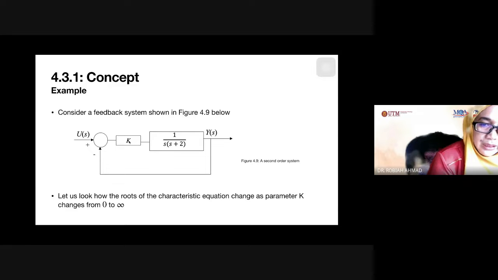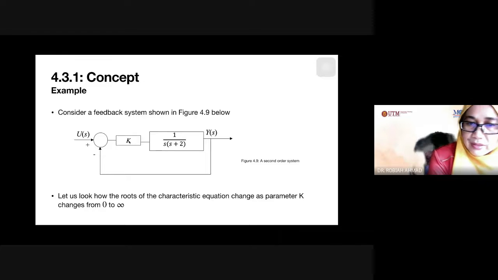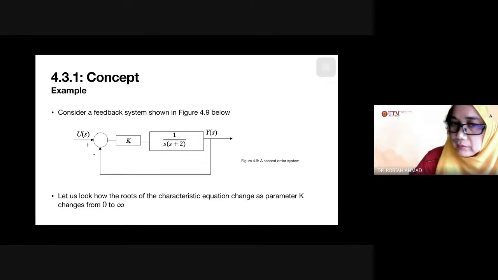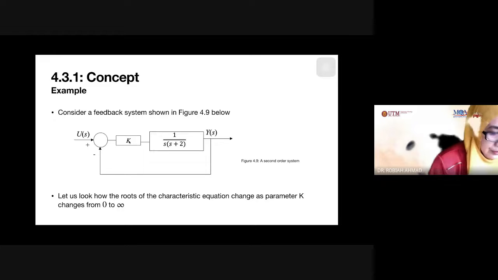Kalau yang ini, can you all determine the characteristic equation of the system, class? What is the characteristic equation of the system?